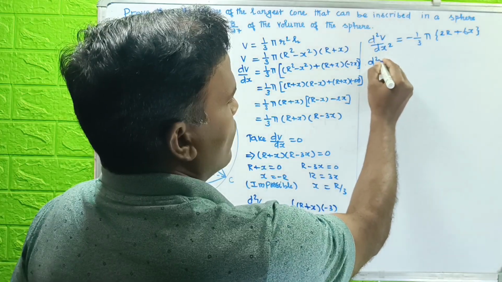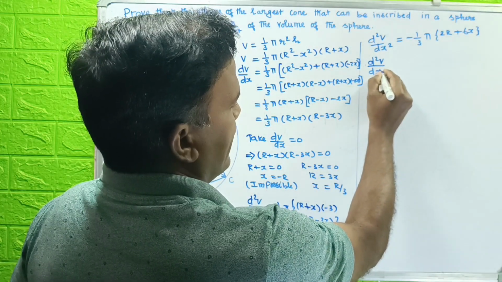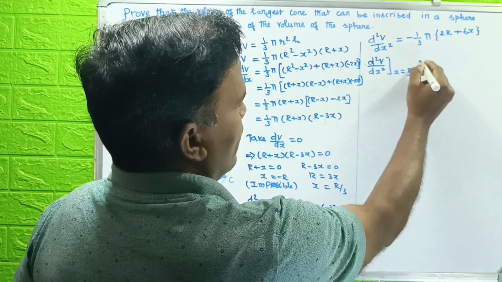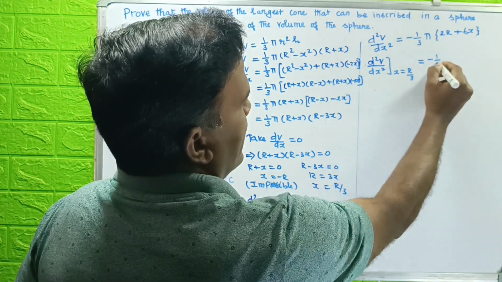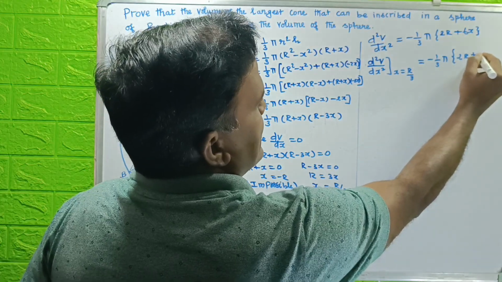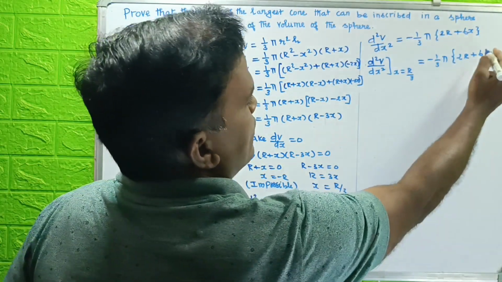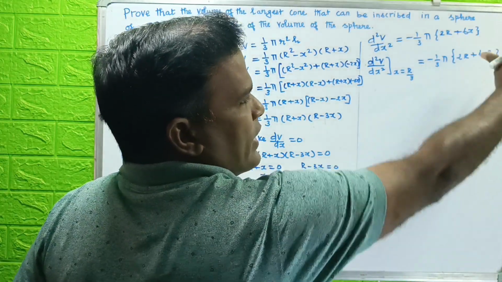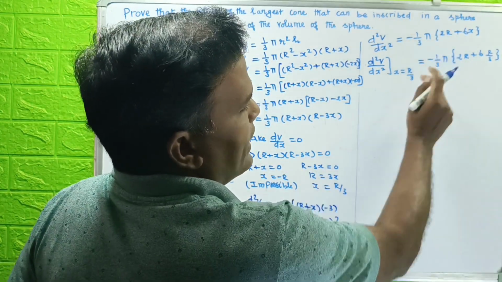So d square v by dx square at x equal to r by 3 is equal to minus 1 by 3 into pi into 2 into r plus 6 into, what is the value of x? That is r by 3. See, everything is positive, but here one minus is there.